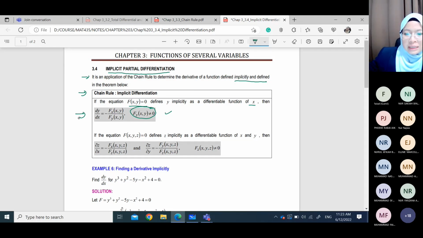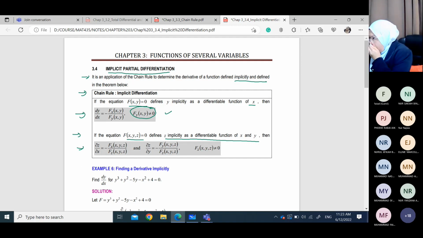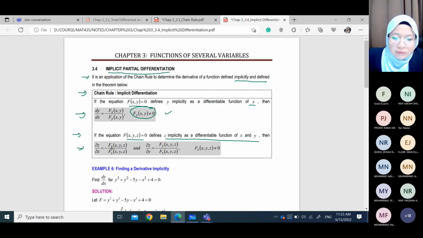Okay, next, if the equation f, where f is a function of x, y, and z, equals 0, defines z implicitly as a differentiable function of x and y, then here we have del z del x equivalent to negative the derivative with respect to x on f over the derivative with respect to z on f.